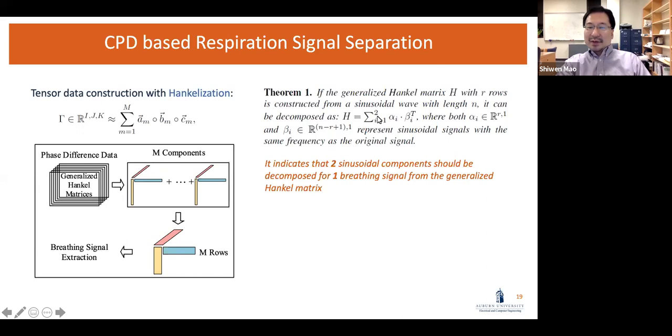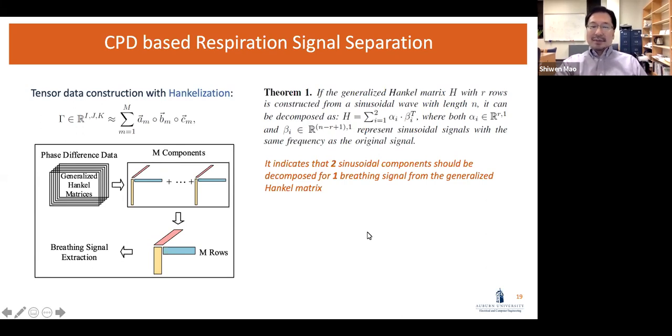We showed that in the ideal case, if there's no noise and no interference, and we only have the chest movement, let's model that as a sinusoidal wave. Then we can decompose the Hankel matrix into 2 components, and each one has the same frequency as the original sinusoidal wave.